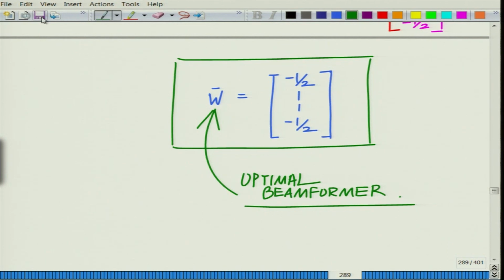What is it doing? Signal gain is constant, interference is 0, minimizing the noise power, therefore maximizing the signal to noise power ratio, at the same time maximizing also the signal to interference plus noise ratio.